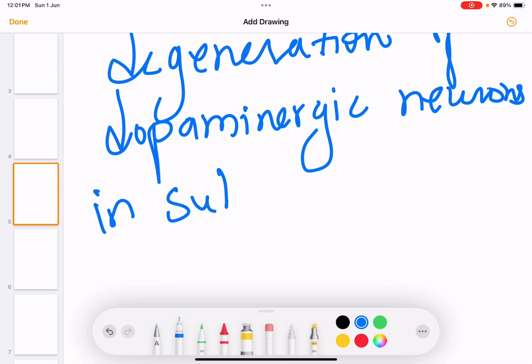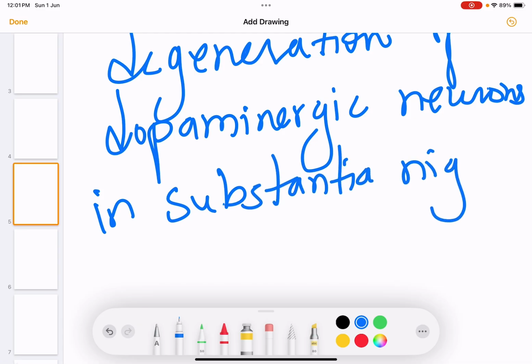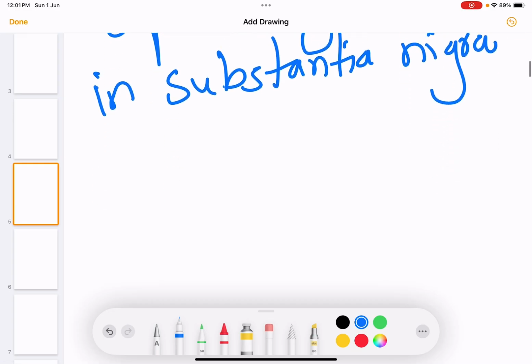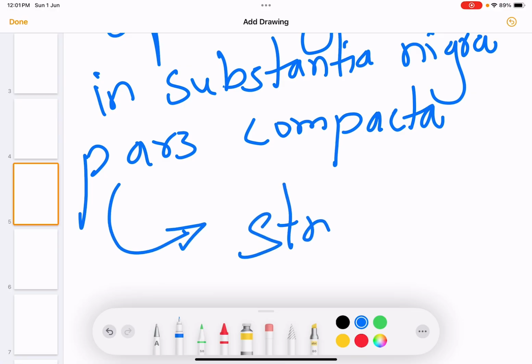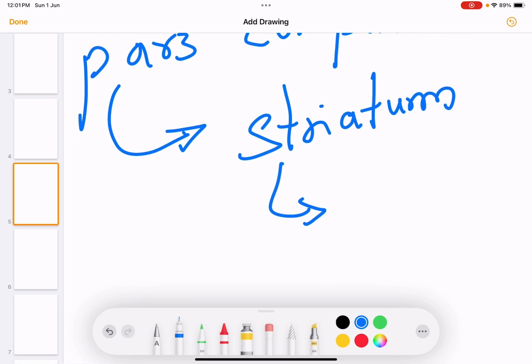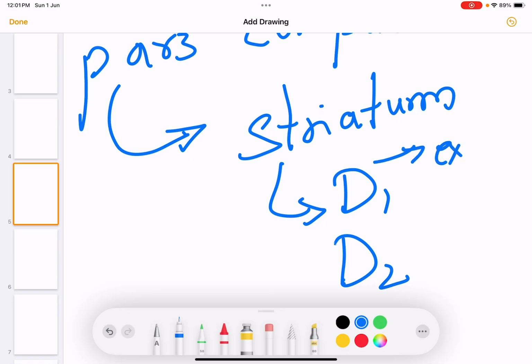This substantia nigra pars compacta sends output to striatum. So the dopamine released from substantia nigra pars compacta reaches the striatum, and there it acts on D1 and D2 receptors. D1 receptors are excitatory, while D2 receptors are inhibitory.